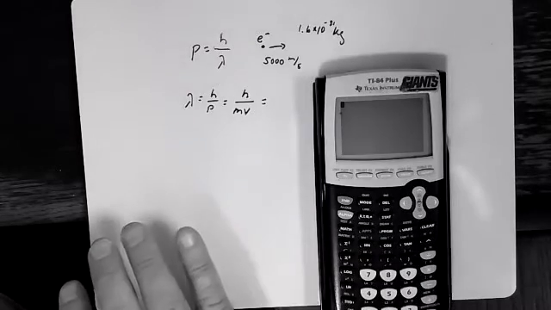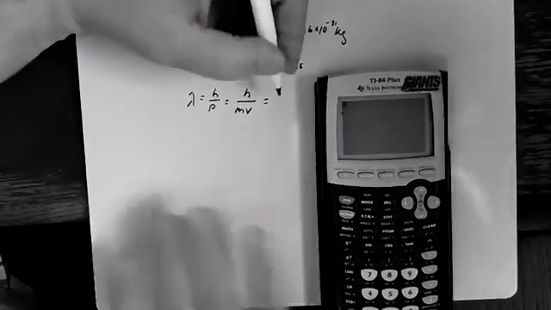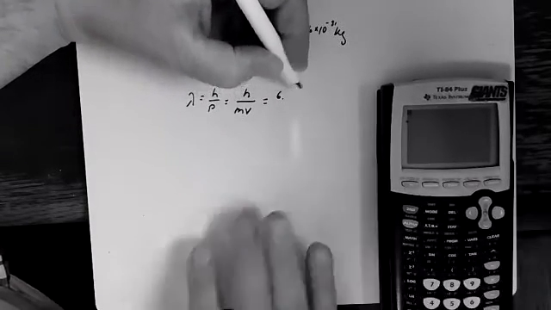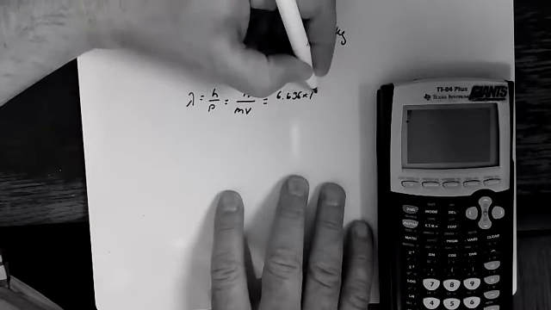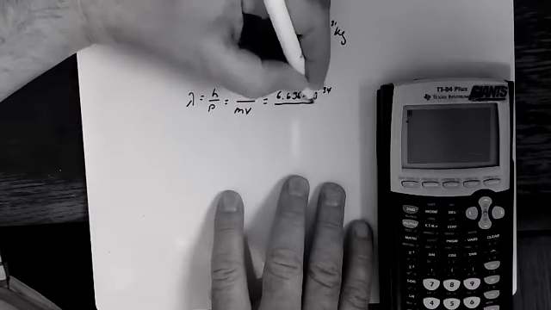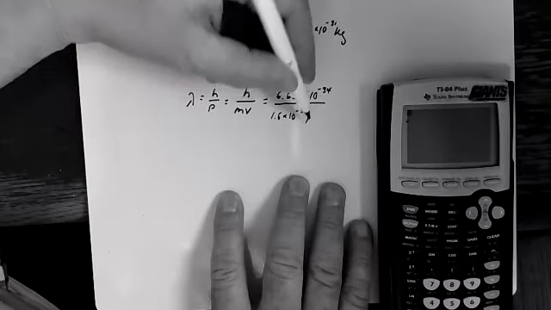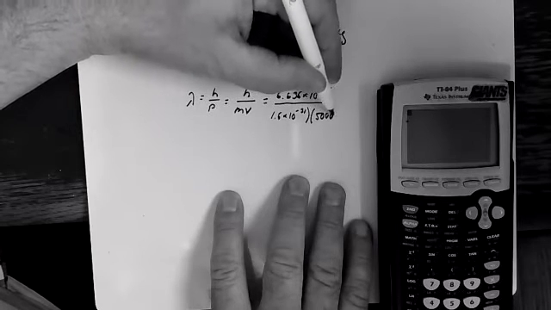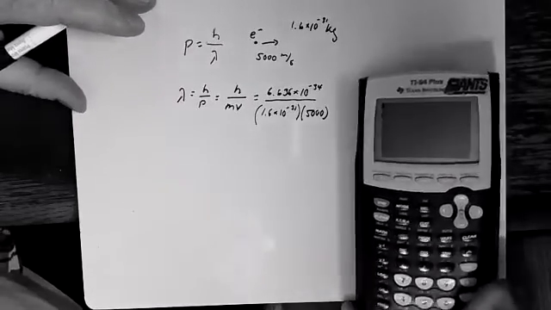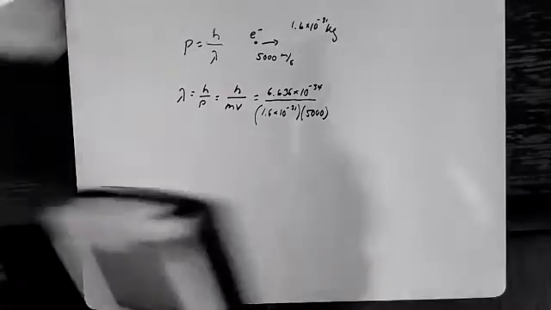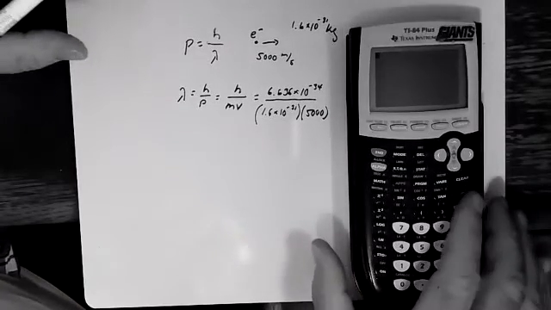The value for Planck's constant that we need to use is not the one in electron volts that I asked you to write down, but h is 6.636 times 10 to the minus 34. And then we have 1.6 times 10 to the negative 31 and 5,000. Okay, great.